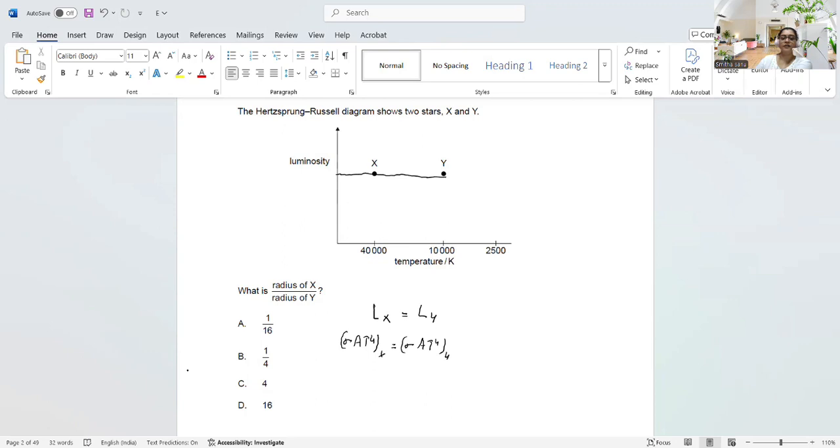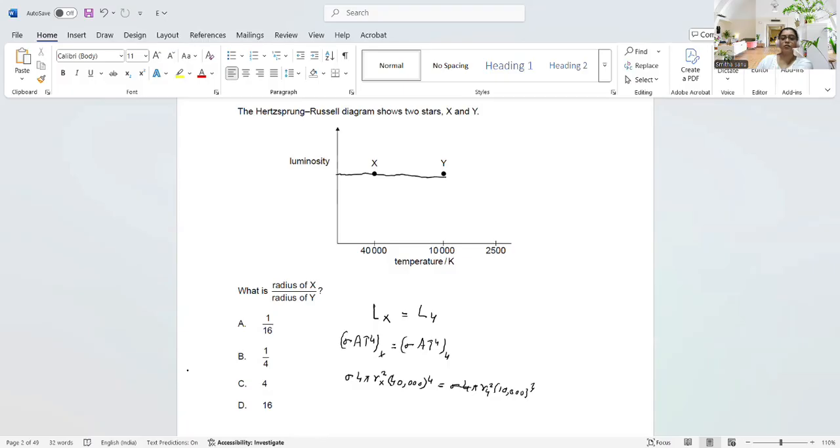If I take it further, sigma times area, where area of a sphere is 4 pi Rx square, and we know the temperature of X is around 40,000 Kelvin. So it is 40,000 raised to 4, which is equal to sigma times 4 pi times Ry square times 10,000 raised to 4.